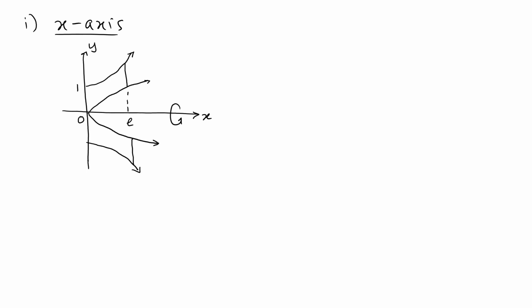If you try to use the cylinders method, you can be in a difficult situation because it's really hard to find the height. When we cut the cylinders, the axis of the cylinder and the axis of rotation have to be the same, so you have to find the height y, and that's not easy here. So we can use the washer method for this one.